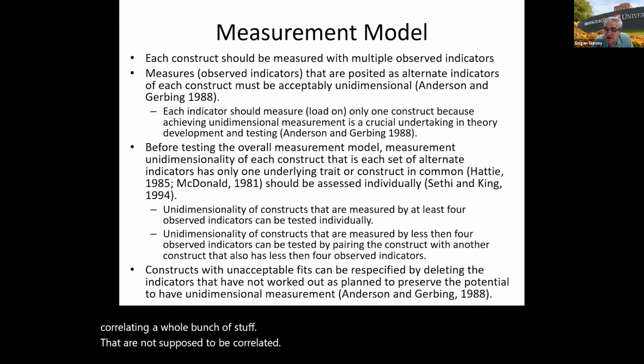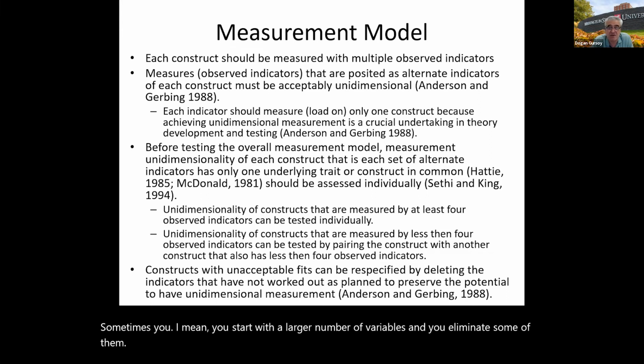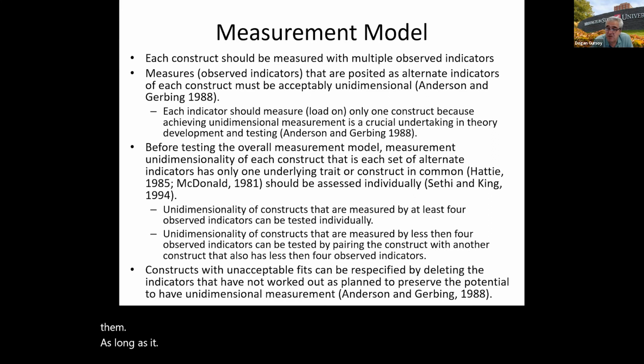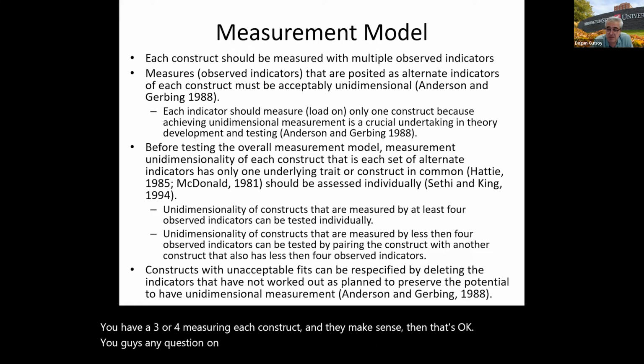Sometimes you start with a larger number of variables and you eliminate some of them. As long as you have 3 or 4 measuring each construct and they make sense, that's okay. Any questions on this? This makes life easier. You want to make your life easy.